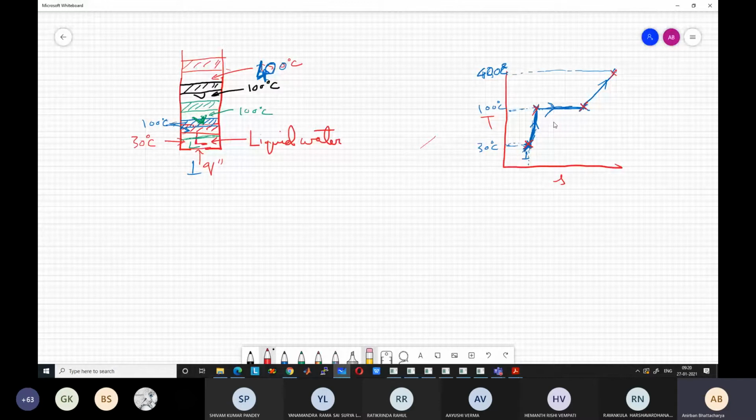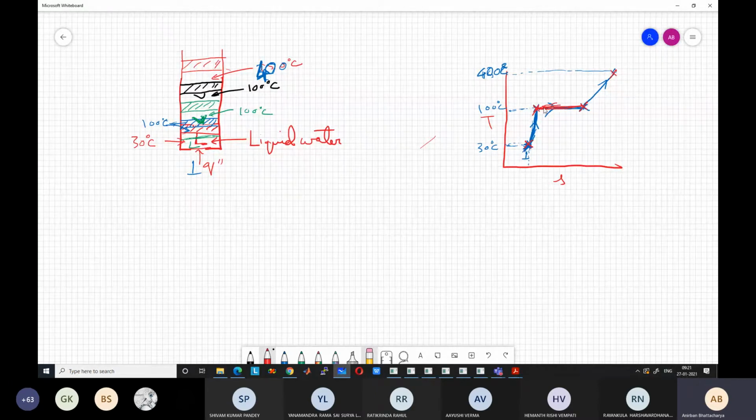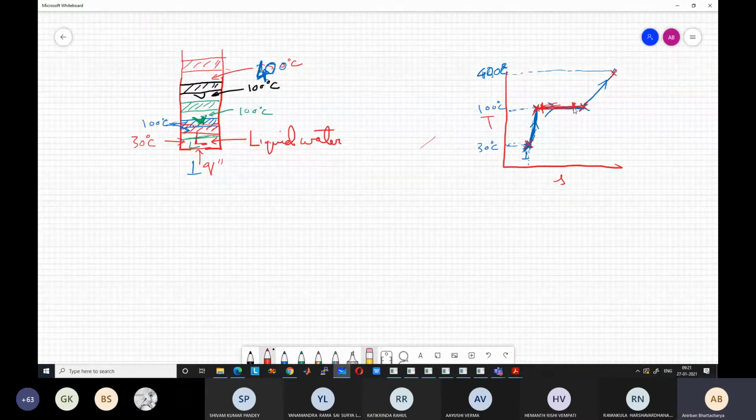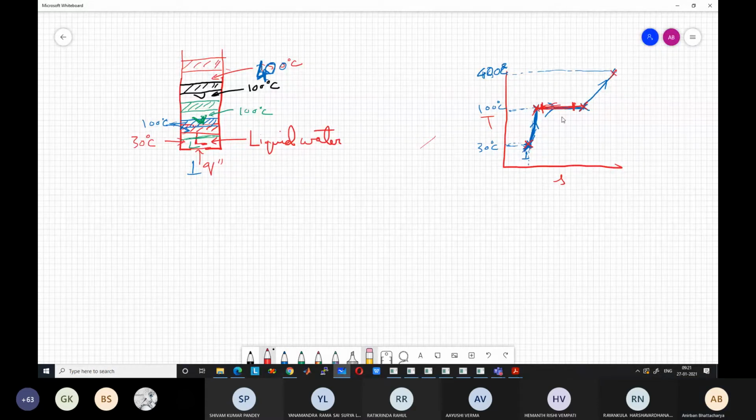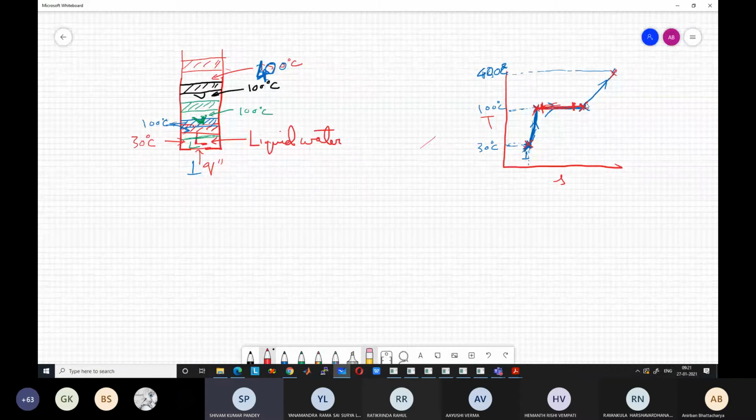Towards the left hand side I will have more liquid and less vapor. Towards the right hand side I will have less liquid and more vapor, and if you reach this point it will be 100% vapor. Up to this point, is there any doubt, any queries? No, sir.